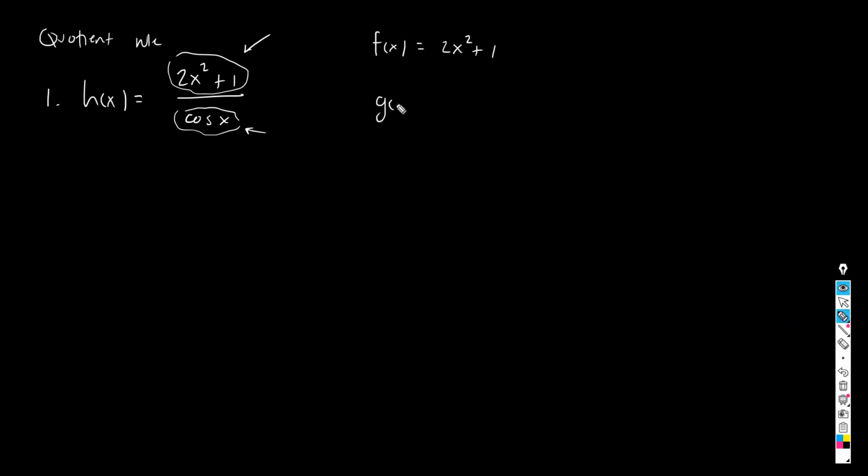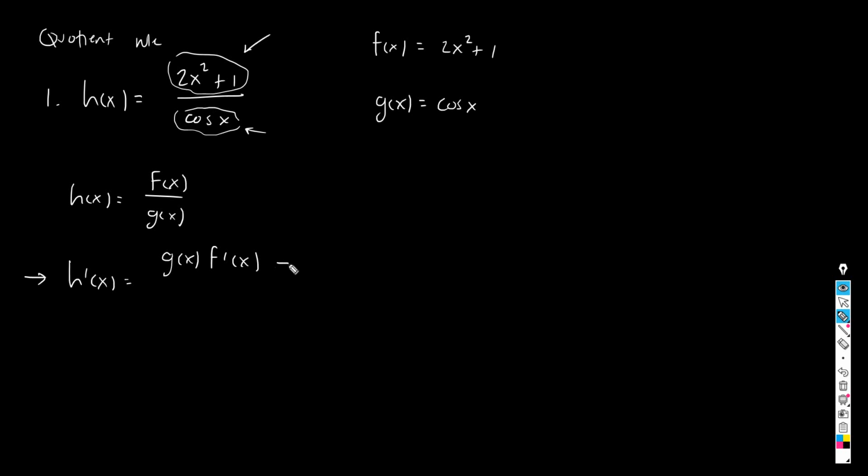So g of x is going to be cosine of x. So basically what I'm saying is that h of x is equal to the quotient of f of x over g of x. And whenever I can put a function in this way as a quotient of another two functions, I can apply the rule of the quotient and say that h prime of x is going to be the one below times the derivative of the one on top minus, there is a minus here, okay?